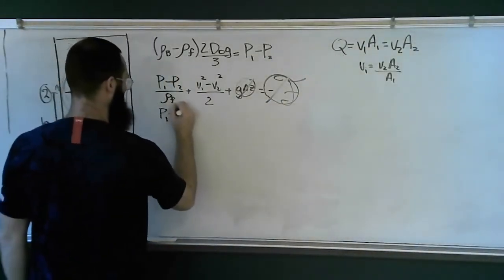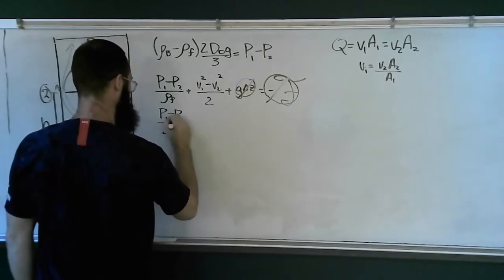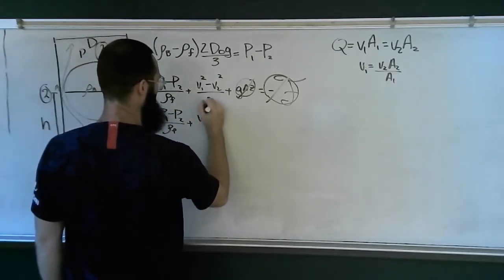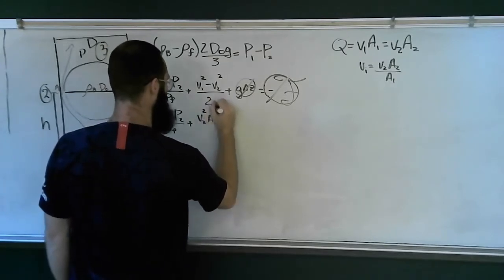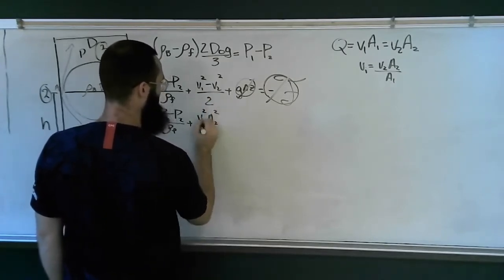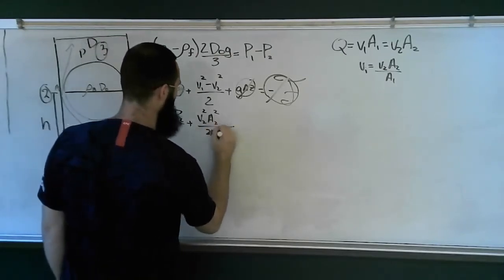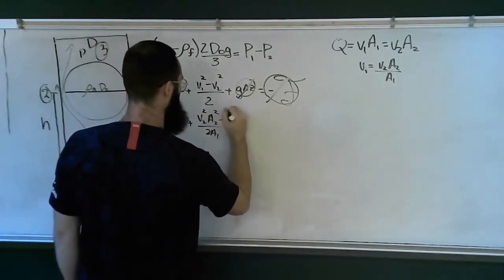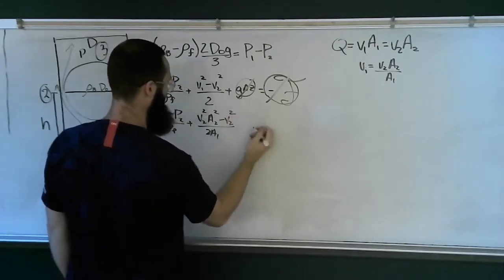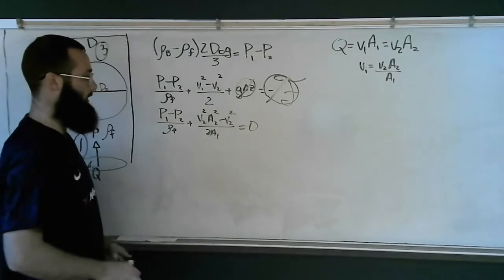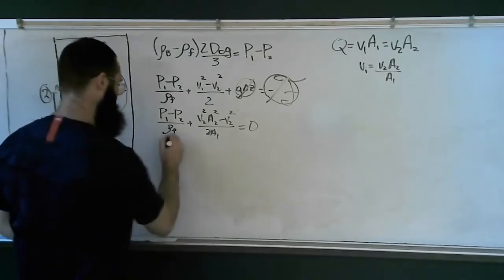Now we want to sub this back in so we can get just one velocity term. That leaves us with P1 minus P2 over the density of the fluid plus V2 squared A2 squared over 2 A1 squared minus V2 squared equals 0. Now we want to factor out a V2 squared.